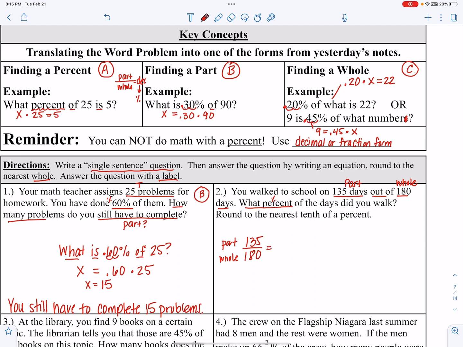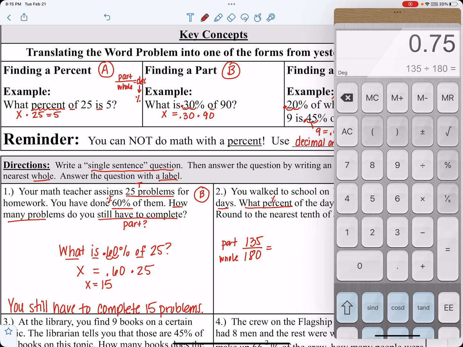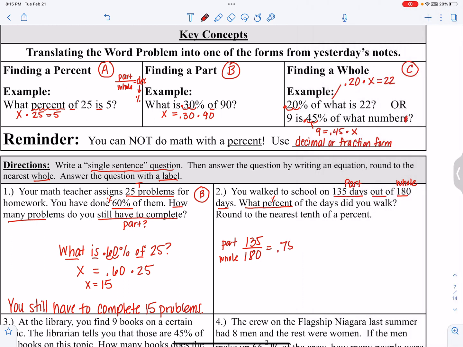And we know to create a decimal, we just divide those, which makes life pretty simple. We don't really have an equation to solve, and we get 0.75. Remember, this is decimal form, so we do our multiplying by 100 or 2 swoops to the right, and we end up with 75%. So that's pretty easy rather than creating that equation sentence.